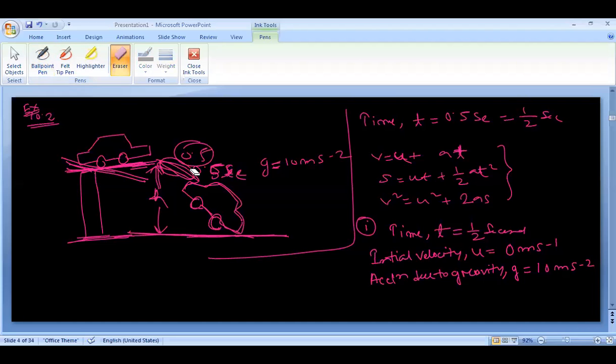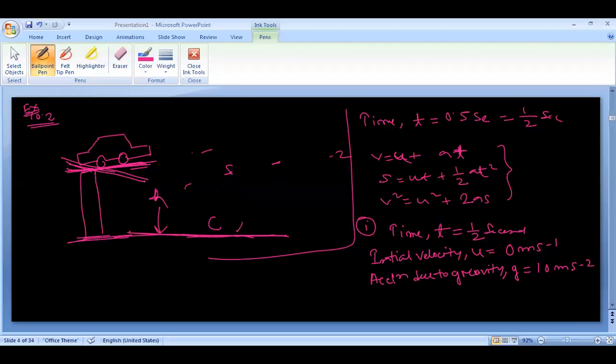So write down: the acceleration of the car, denoted by a, will be plus 10 meter per second square.